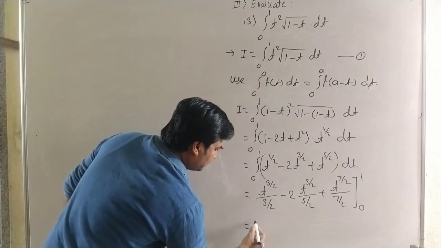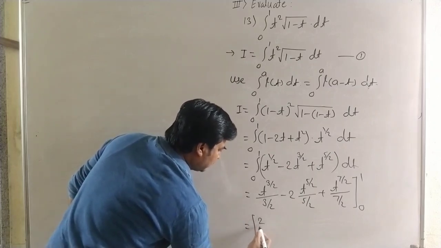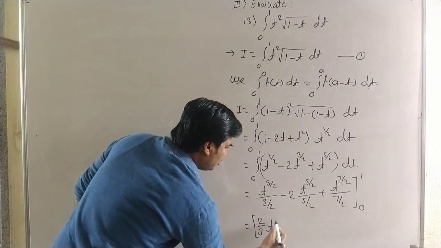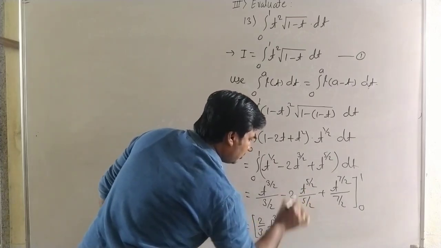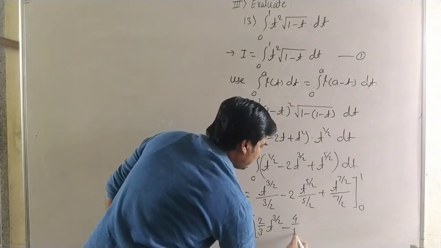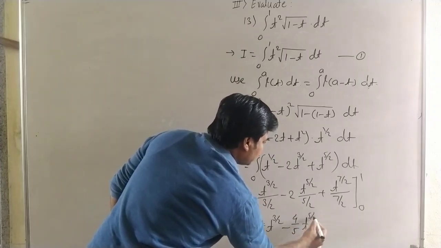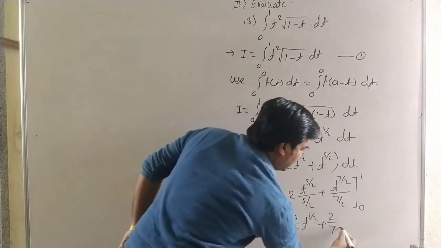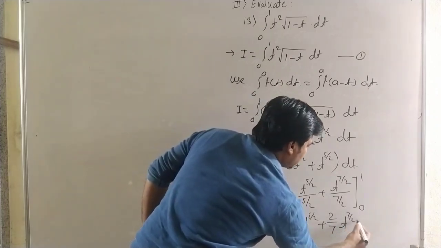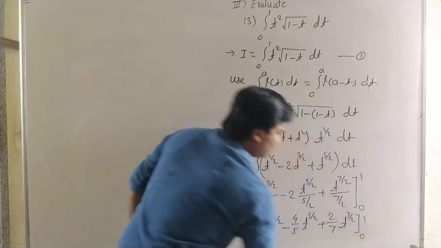Now 3 by 2, you can write 2 by 3 t to the power 3 by 2, minus 2 by 5, that means here it is 4 by 5 t to the power 5 by 2, plus 2 by 7 times t to the power 7 by 2, with limits 0 to 1.